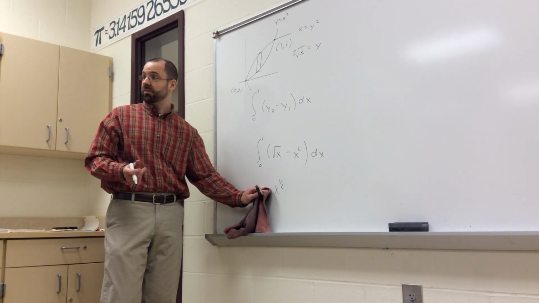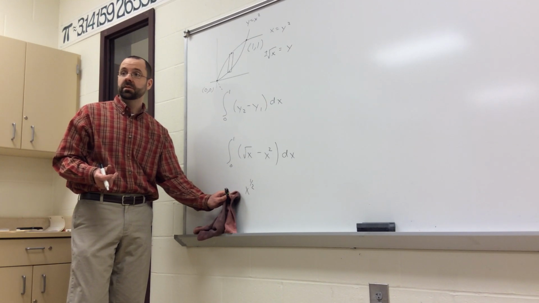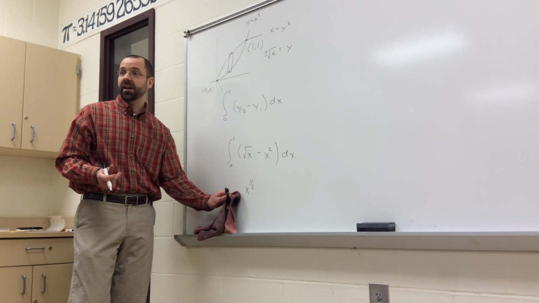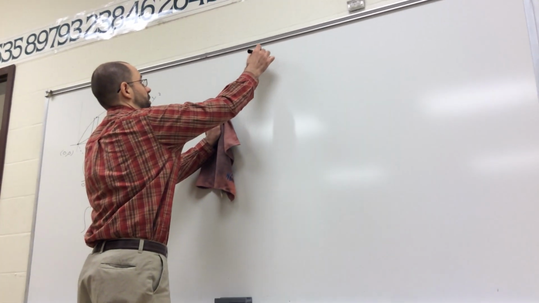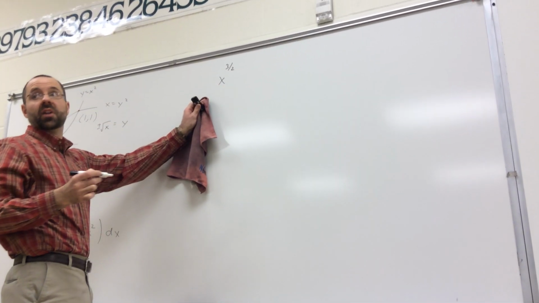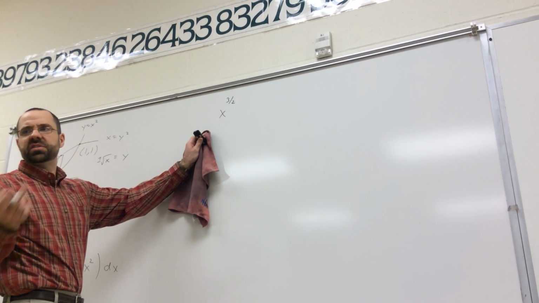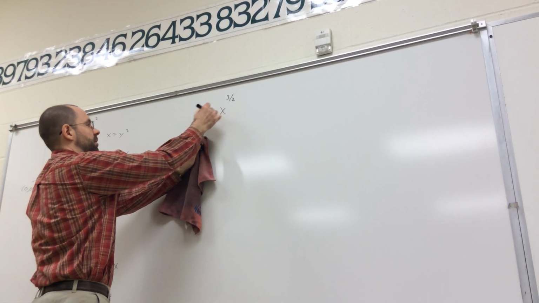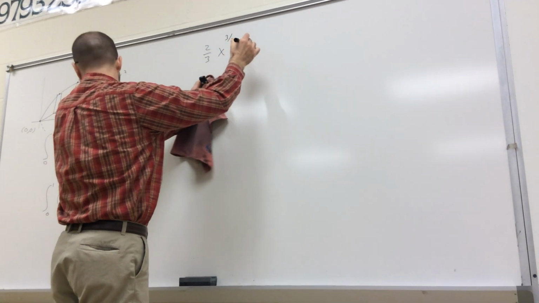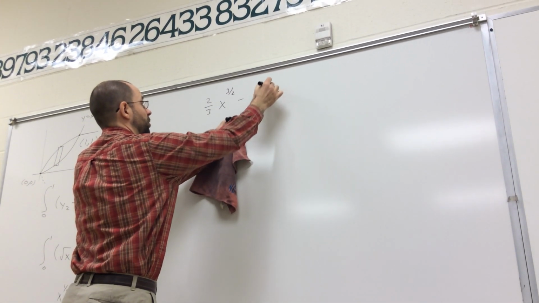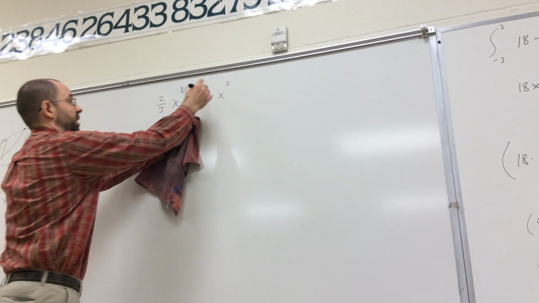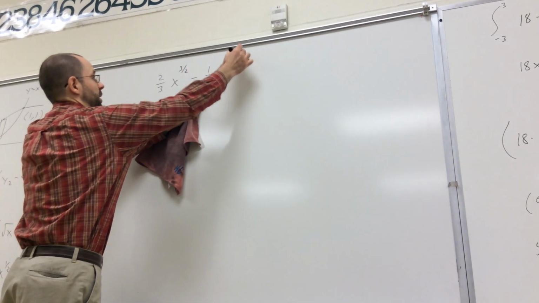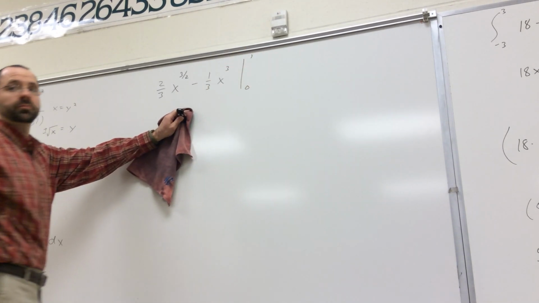Okay, so now the antiderivative of this, you got to add 1. So x to the 3/2 divided by 3/2, which is the same as timesing by 2/3, minus x cubed divided by 3, which is the same thing as timesing by 1/3, and then from 0 to 1.